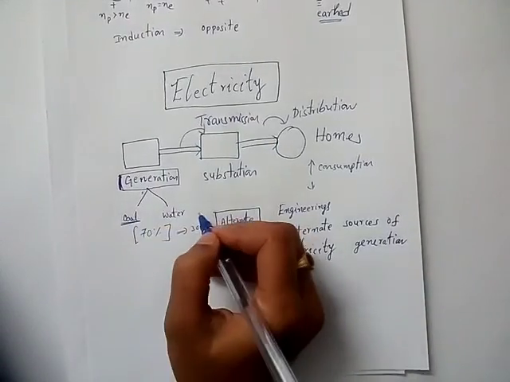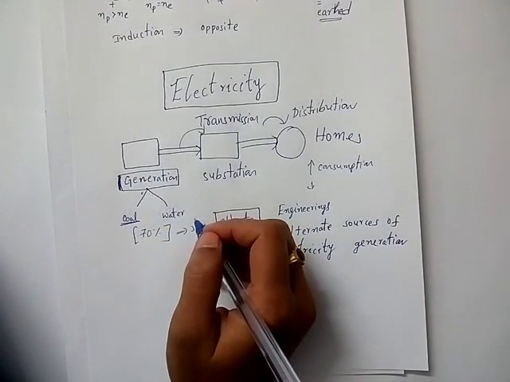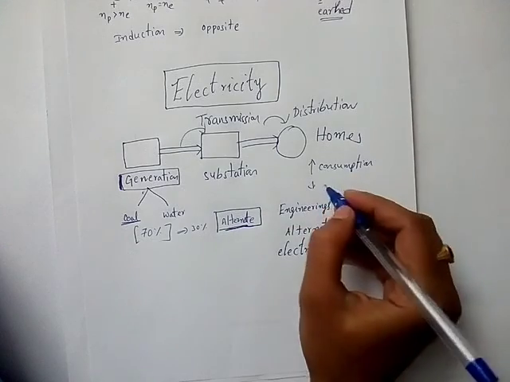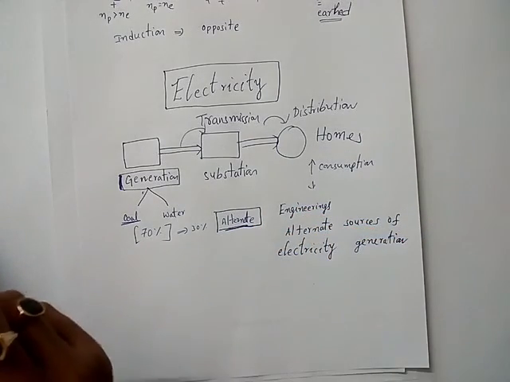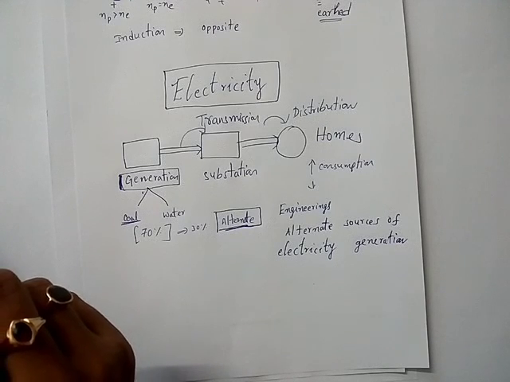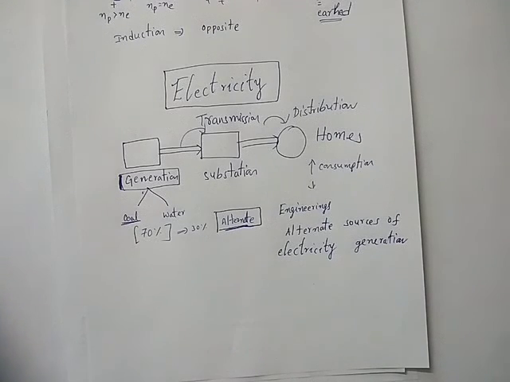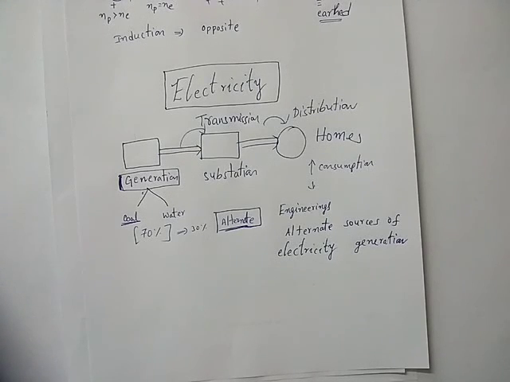You know already about coal, yes or no? That's why it is very important to look for alternate sources of generation of electricity. If you harness alternate sources only, our life will go happily. That's why it is advisable for you to think and give some solution about these alternate sources of energy in future. So thank you.